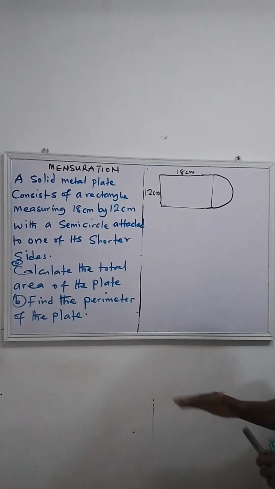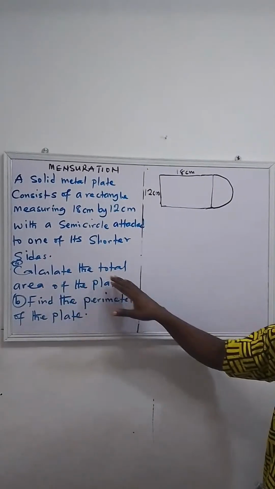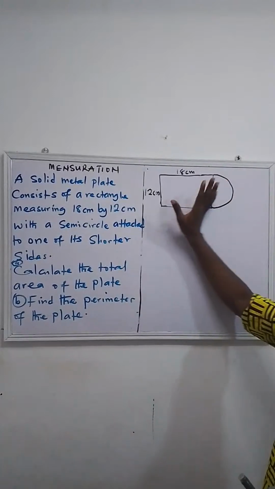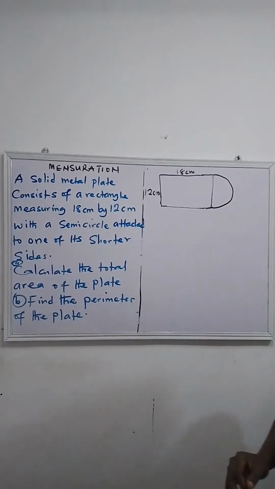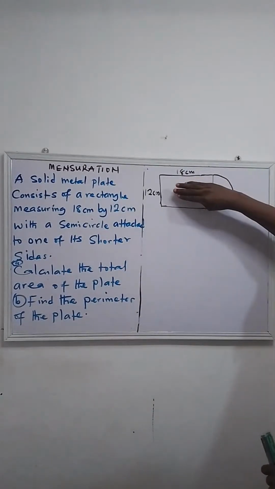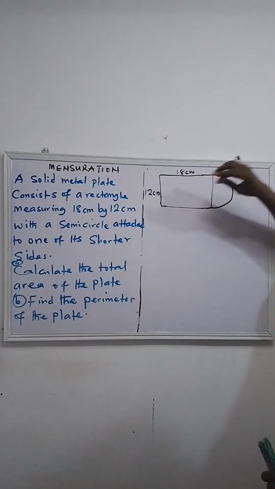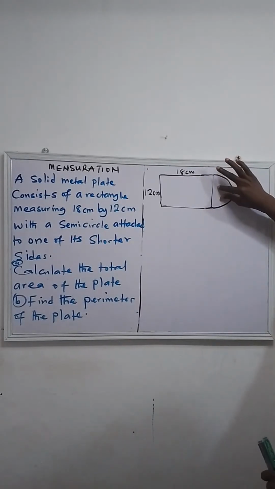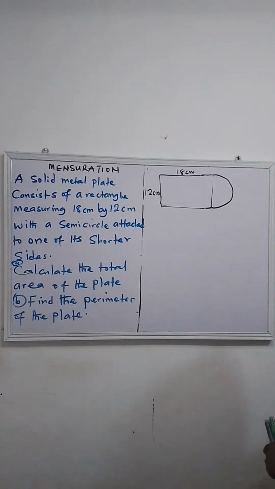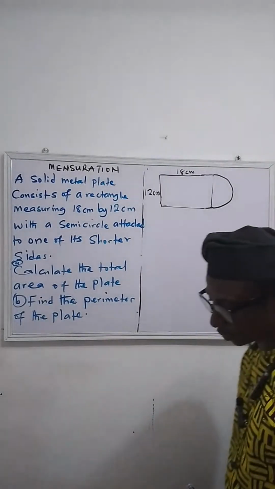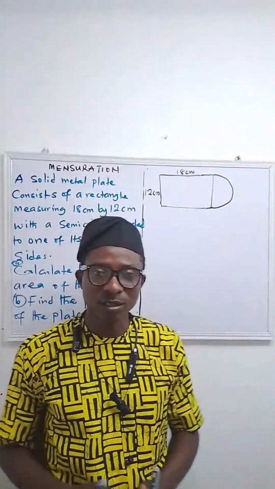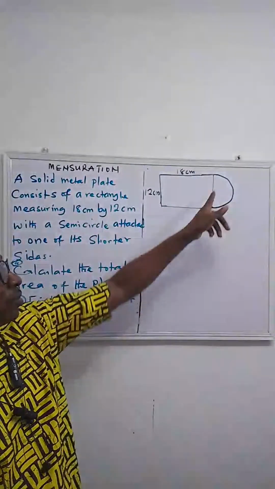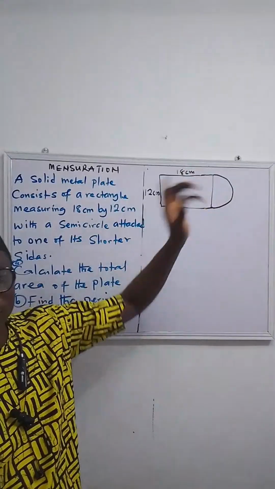Okay. Now, the question wants us to calculate the total surface area of this plate formed by merging the two plane shapes together. So how do we do that? We find the area of this rectangle and add it to the area of the semicircle. Now, the question that comes to mind is, what is the radius of this semicircle?